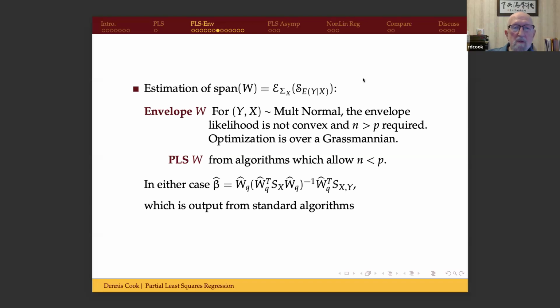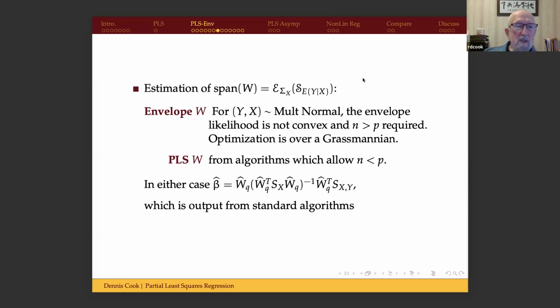It's not convex. It requires n to be a lot bigger than p to work well. And the optimization is now over a Grassmannian. It took us a couple of years to get to the point where we could do this kind of optimization reliably, because optimization over Grassmann manifolds tends to be really bumpy, and you had to work very hard to avoid getting stuck in a local max.